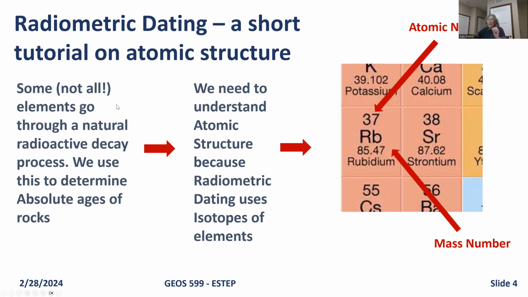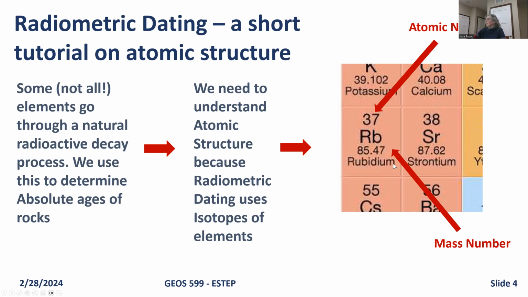Now, some elements, such as a variety of rubidium, go through a natural radioactive decay process. And we use this as a way of getting absolute ages of rocks. So, in order to understand what's happening, we need to review a little bit about atomic structure, because we have to understand what isotopes of elements are.